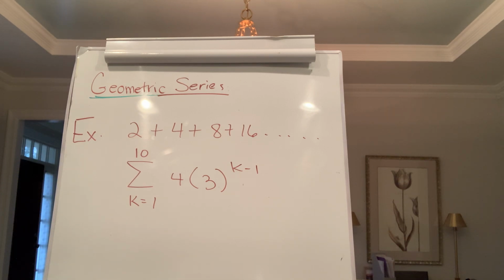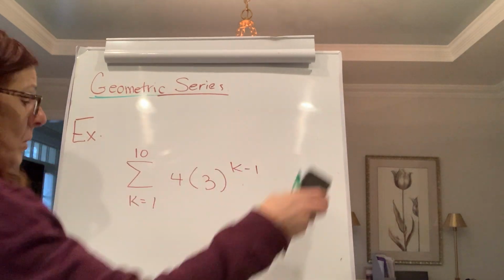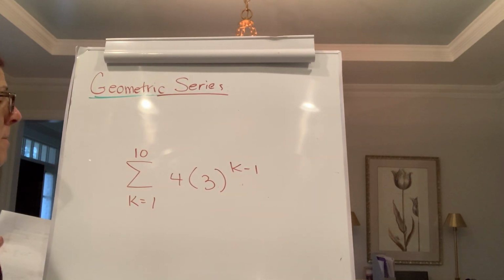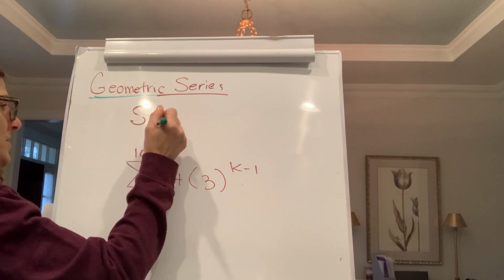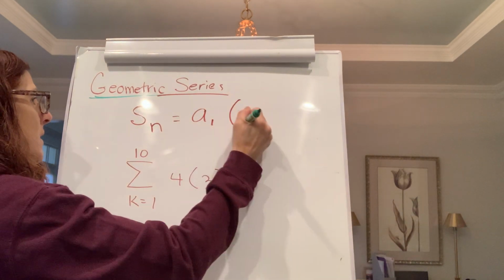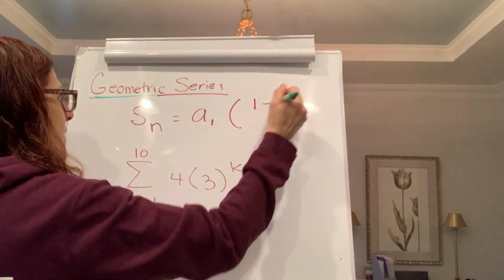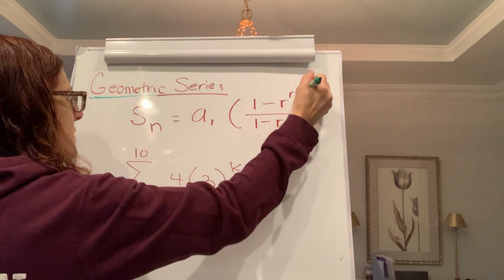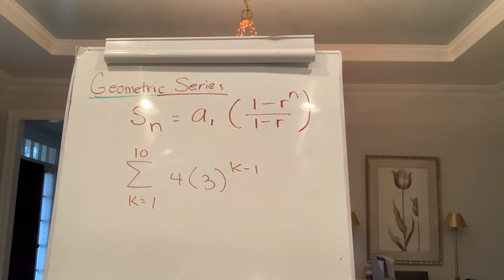So to do that, we are going to use the formula: the sum of the first n terms of a geometric series is a1 times 1 minus r to the n over 1 minus r, where a1 is the first term and r is the common ratio.